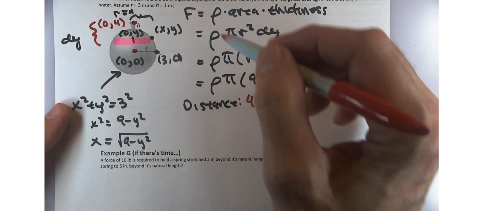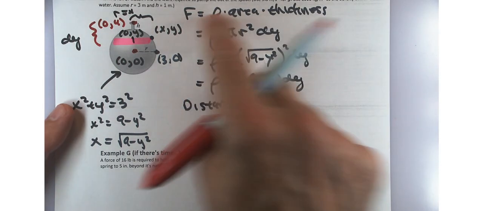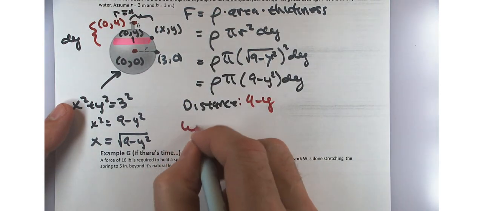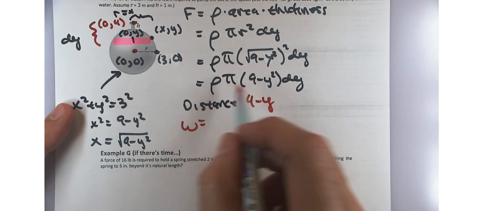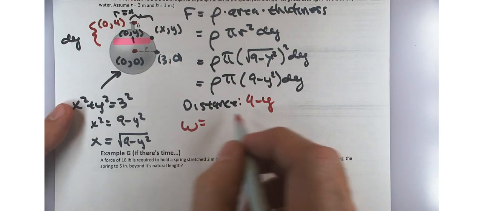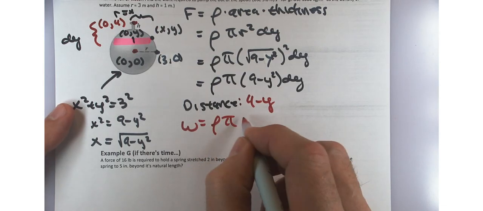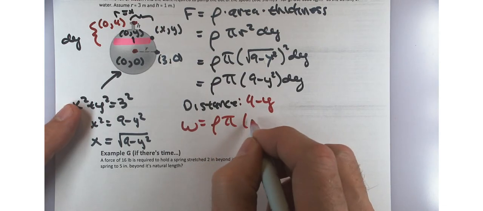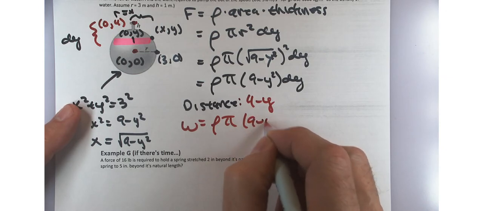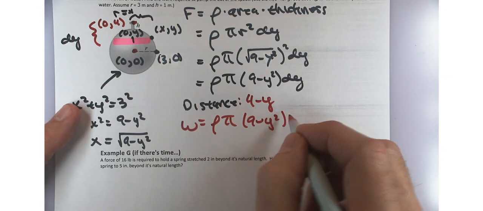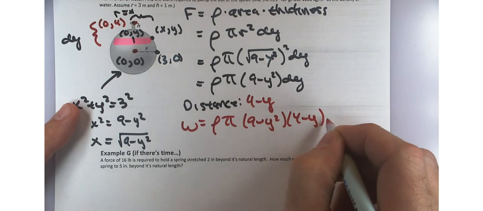Finally, work equals force times distance. The work done to move that one slice is just going to be this times this. So let's put the rho times the pi times the 9 minus y squared times 4 minus y times dy all together.